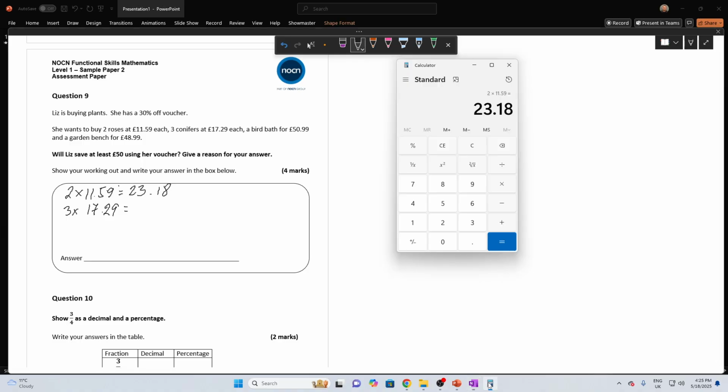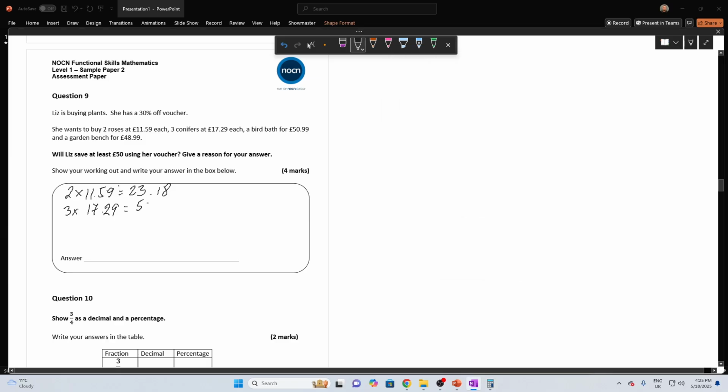Then let's find 3 times 17.29, which is 51.87. Don't forget your money sign.